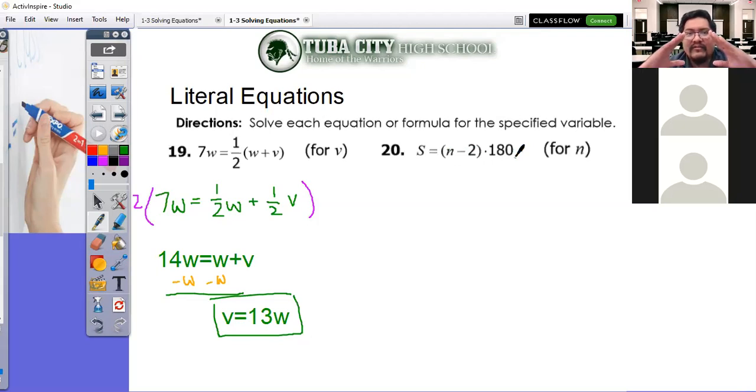If you imagine a triangle, all 3 angles on the inside equal 180. And this can be used with anything. Like if I wanted to know the interior angles of a pentagon, 5 minus 2 would be 3, and 3 times 180 would be 540 degrees. Anyway, enough about that. Let's get this n by itself.